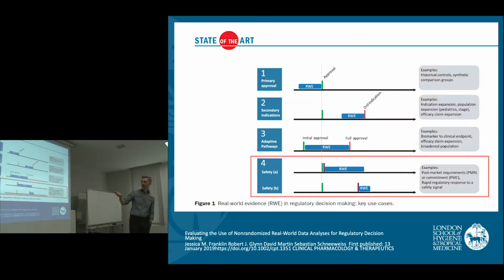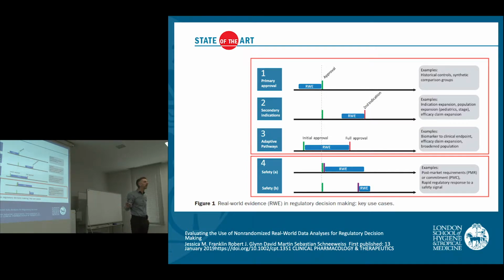So there's the safety bit at the bottom here, which I've just been talking to you about, where we know that we can use real-world evidence to look at the effects of medications. But what's really interesting is this bit here, where we wonder how and if we can use real-world evidence to investigate the intended effectiveness of treatments.